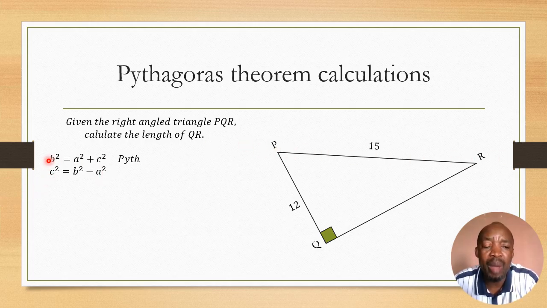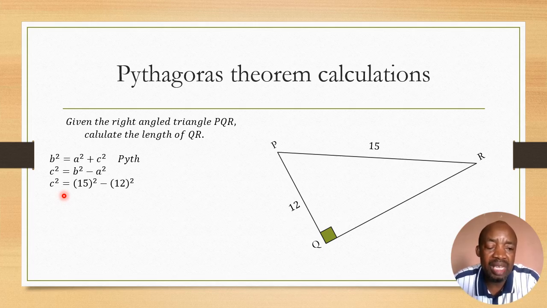Now I have to manipulate this equation. Now I took small a squared to that side, and it became negative small a squared. And this side, I'm left with only small c squared. Now I can substitute.